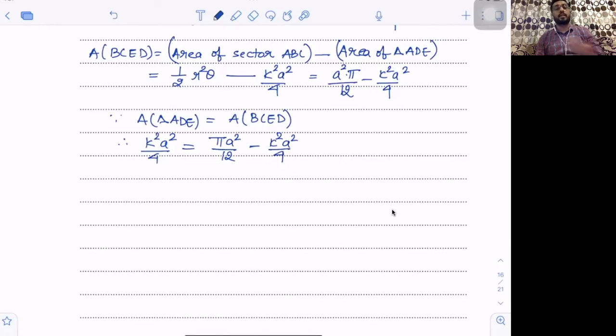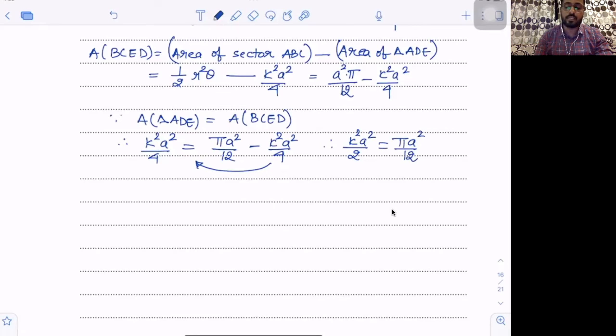Okay, so you can collect the two terms together. K square a square upon 4, you can collect it together. So this term goes here. You get 2 times k square a square upon 4, which is k square a square upon 2, is equal to pi a square upon 12.